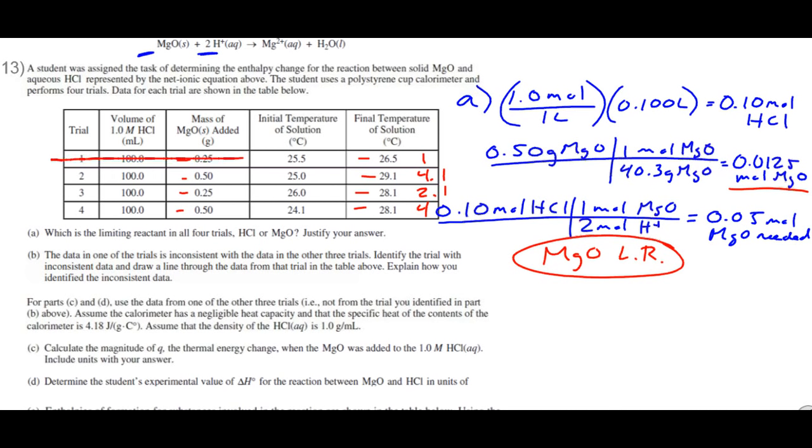So that is my rationale: it is not half of the amount of the other temperature changes when the MgO is half the amount of the 0.5 that is used. So when I doubled the MgO, it appeared that my temperature change doubled, except for trial 1.